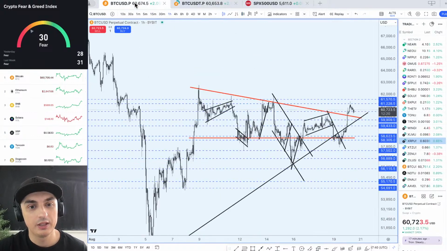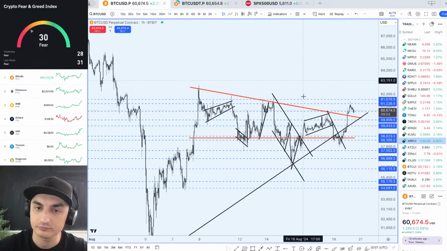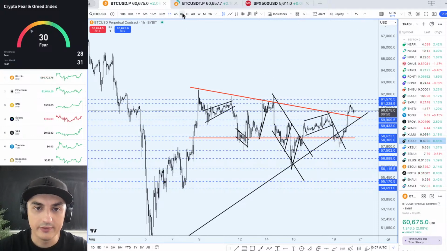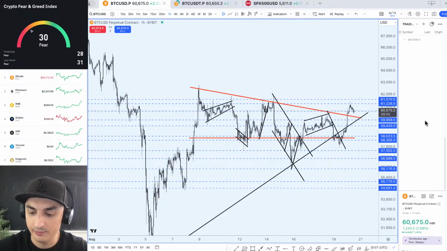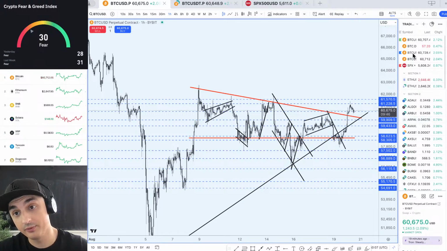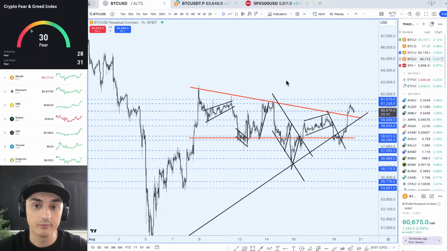Meanwhile, let's get a quick glimpse over the higher time frames. I think it's going to be interesting.